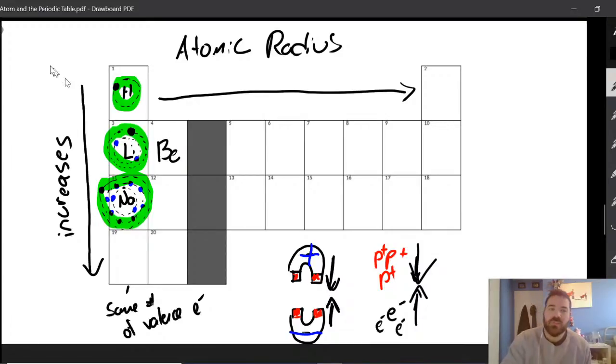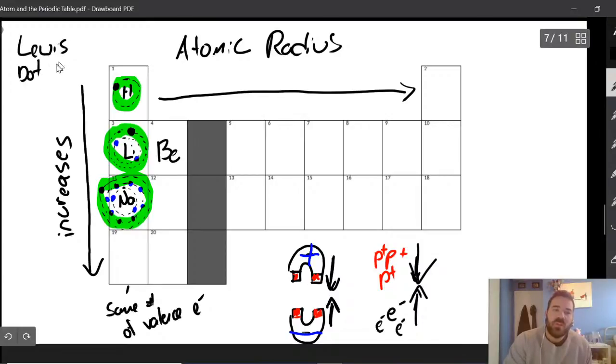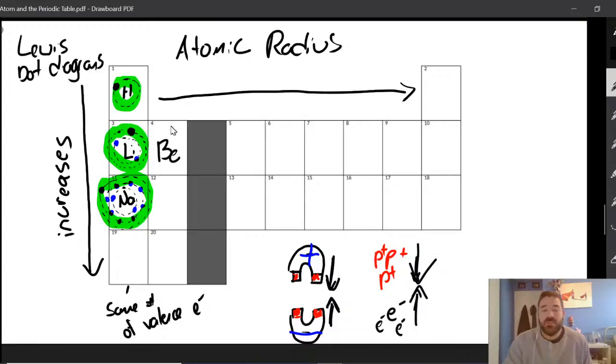So I'm going to be using what we call Lewis dot diagrams, which only draw the valence electrons, because it's the valence electrons that are in charge of binding and bonding and the characteristics of an atom. So beryllium is the second atom in the period. Lithium had one valence electron in its outside shell, so beryllium is going to have two because it has one extra proton and one extra electron than lithium did.